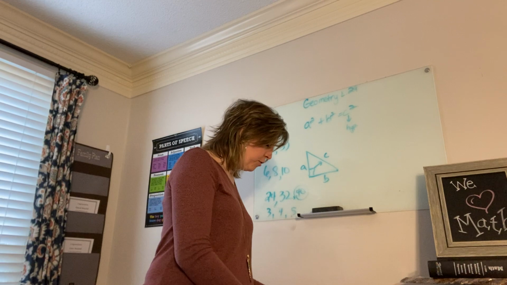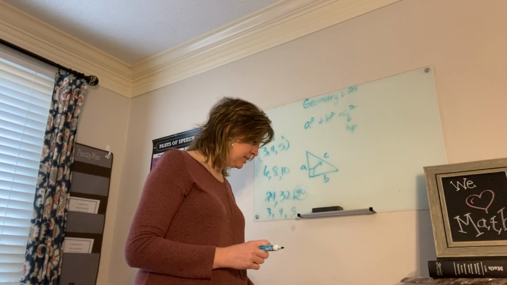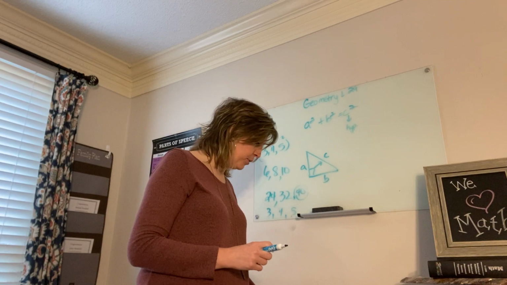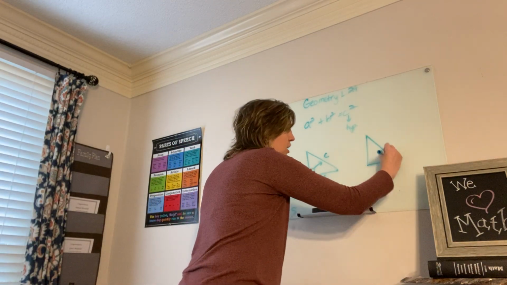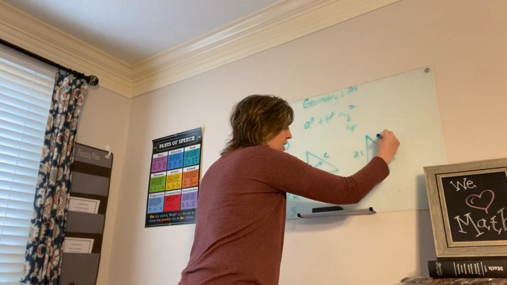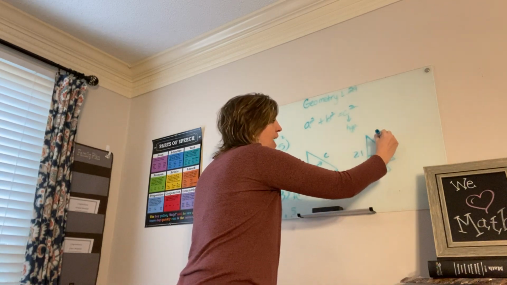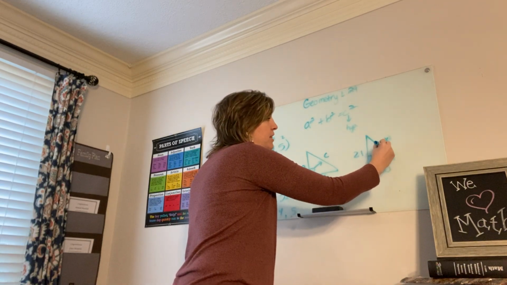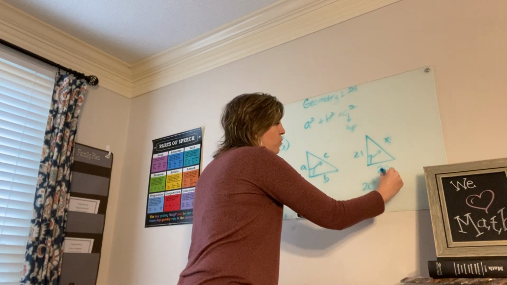Page 184 says, find the hypotenuse of the triangle. Do the side legs form a Pythagorean triple? So you've got the picture on letter A with 21 and 20, and it's asking what this is. Your book called this x. We know it's opposite the 90, so it's the hypotenuse. So it's 20 squared plus 21 squared.